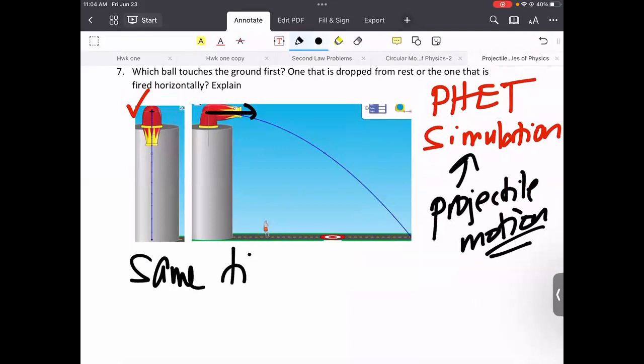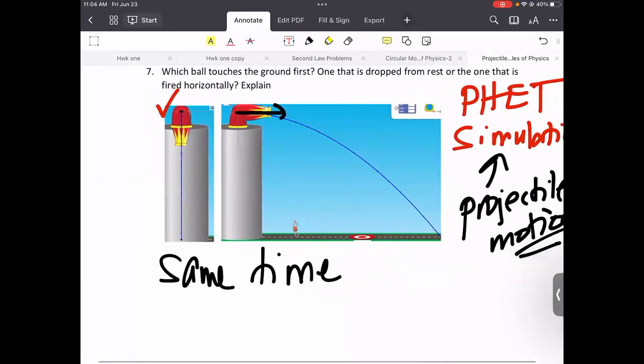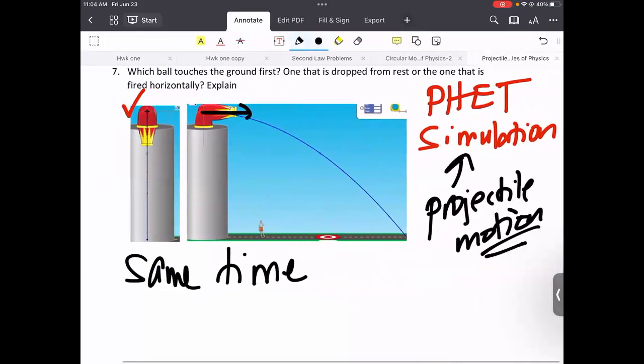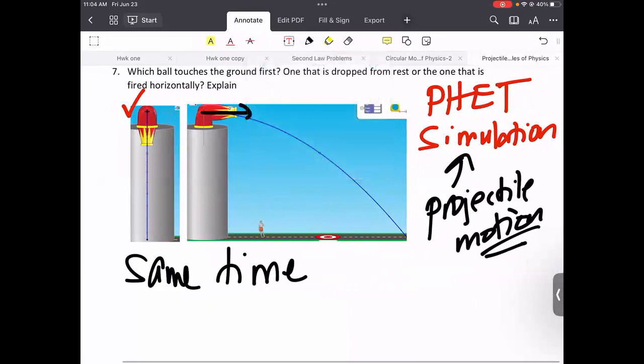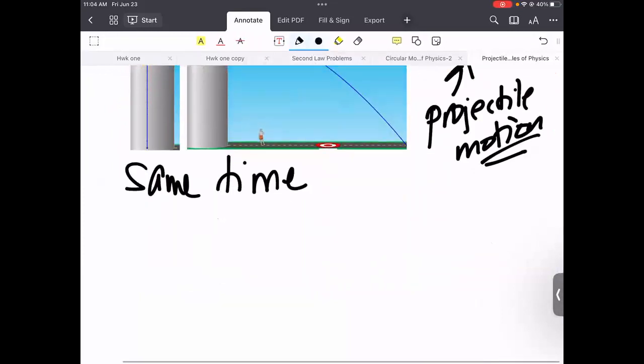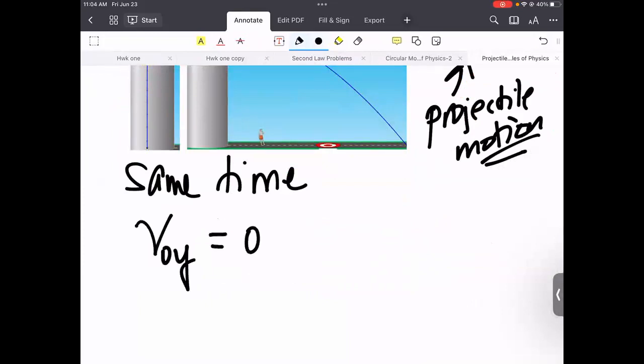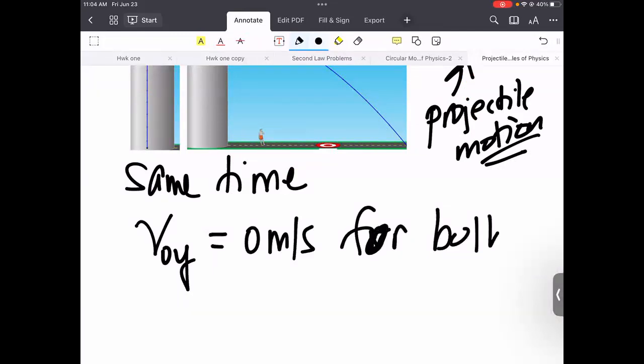The reason has to do with the fact that the initial velocity in the y direction, V initial y, is 0 meters per second for both projectiles.